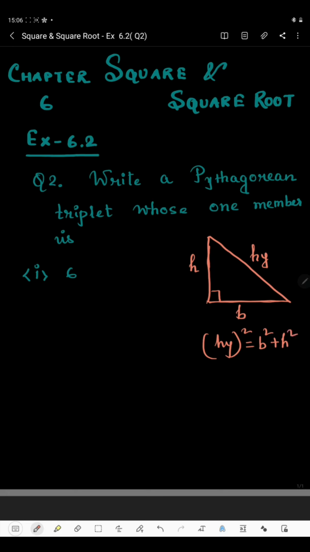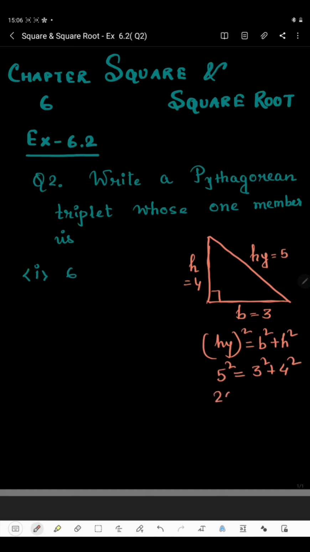That means if I take the hypotenuse as 5 unit, base as say 3 unit, and height as say 4 unit, then hypotenuse square, 5 square, will be equal to 3 square plus 4 square.